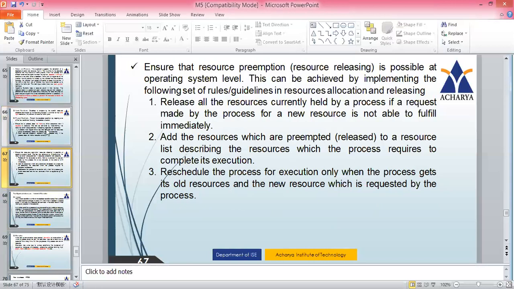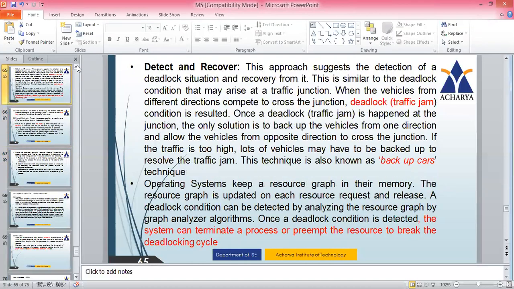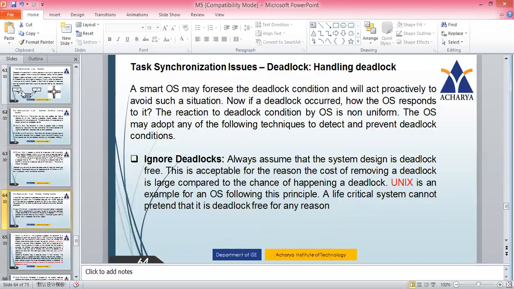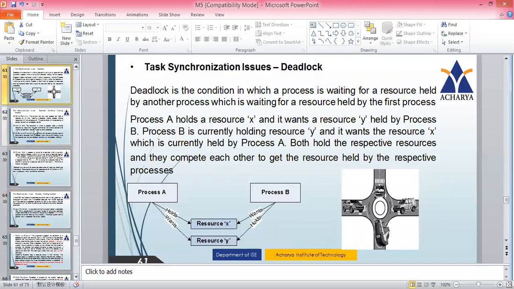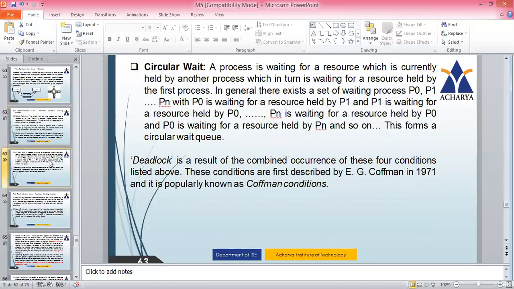So let us summarize the deadlock concepts. We saw what exactly deadlock is, and we saw the conditions that favor deadlock: mutual exclusion, hold and wait, no resource preemption, circular wait.